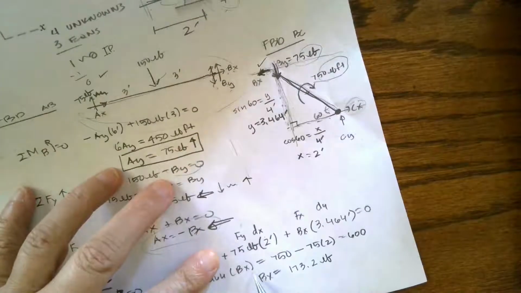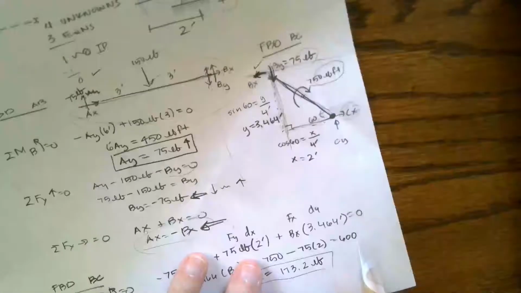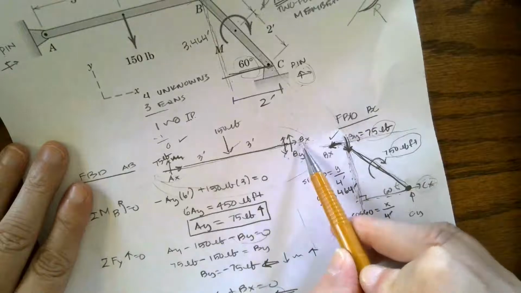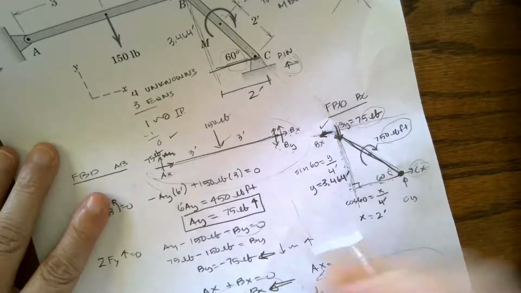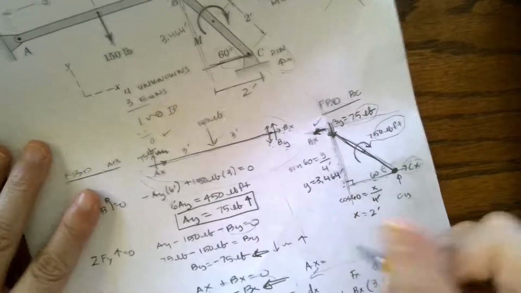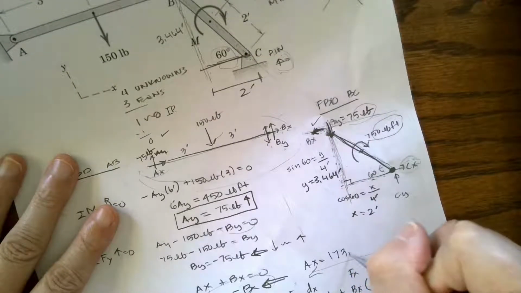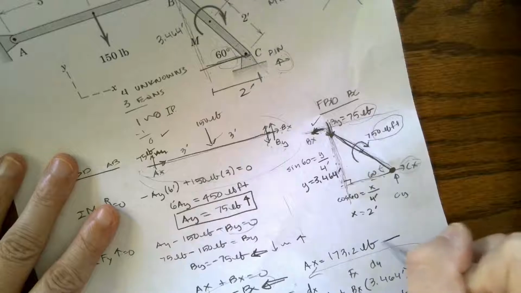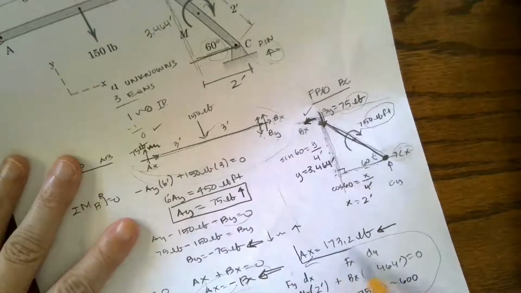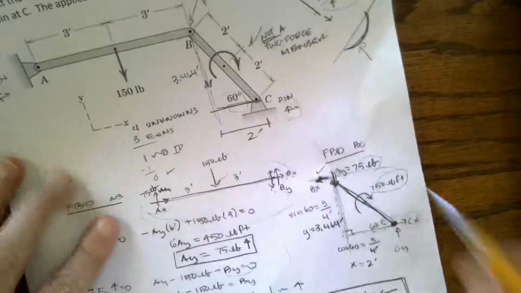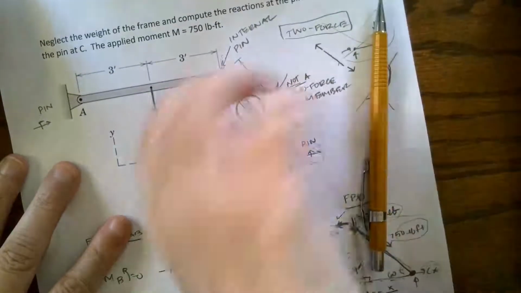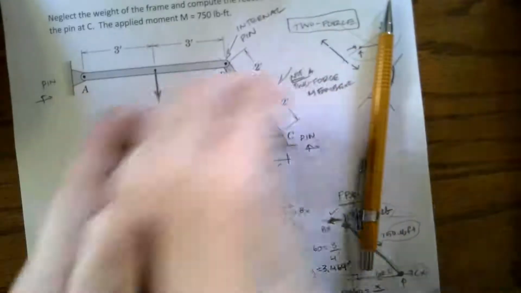So now that I know Bx is the direction I assumed, I can come back up here, and if Bx is going to the right as correct, then I can see that Ax is actually the negative, so Ax is 173.2 pounds going back to the left. I assumed it wrong, which makes sense. This moment is trying to make the whole frame rotate clockwise.